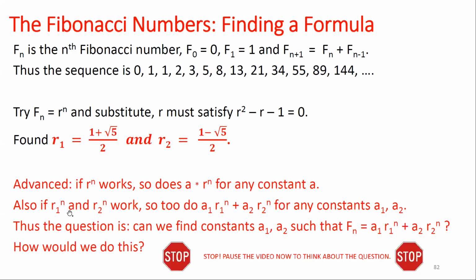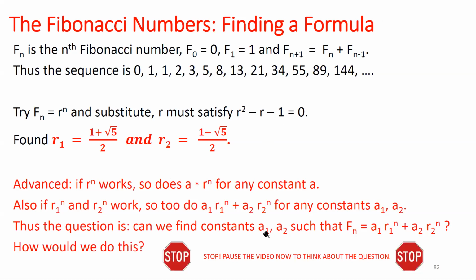Another thing you can show is if r1 and r2 both work, so if we raise these to the nth power, their solutions, so does this linear combination, a1 r1 to the n plus a2 r2 to the n, for any constants a1 and a2. You can just go through and say, if r1 to the n satisfies this relation, and r2 to the n satisfies this relation, when you plug this in, it still satisfies.